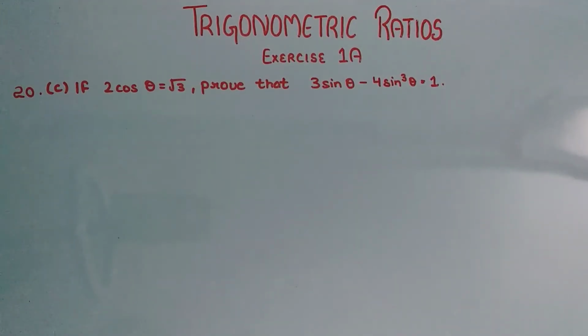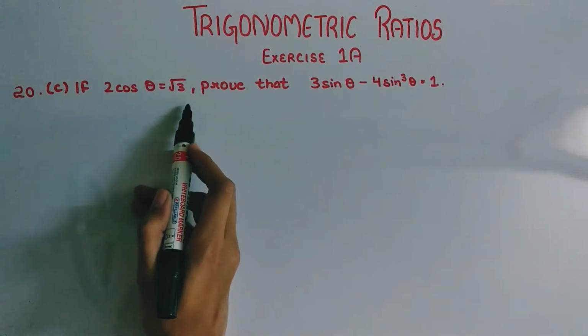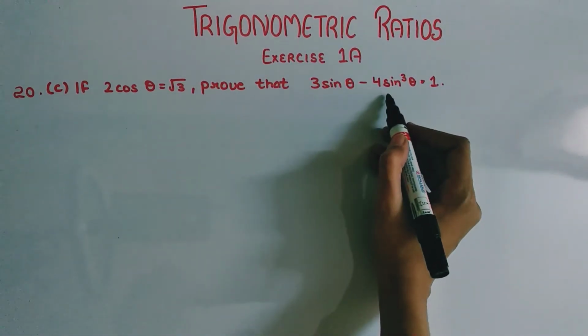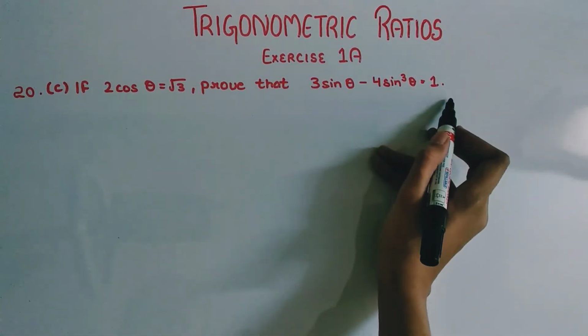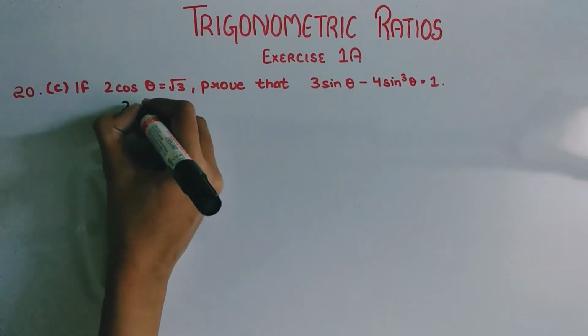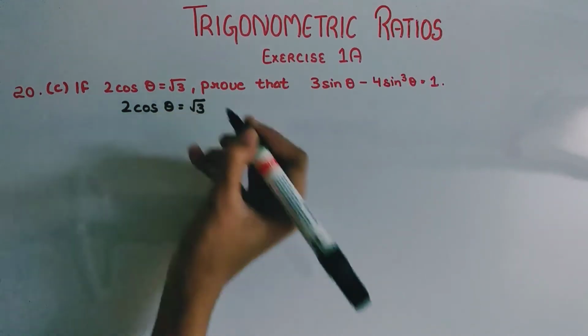We have the next part of the 20th question. If 2 cos theta is under root 3, we have to prove that 3 sin theta minus 4 sin cube theta is equal to 1. First of all, we have this equation, 2 cos theta is equal to under root 3.